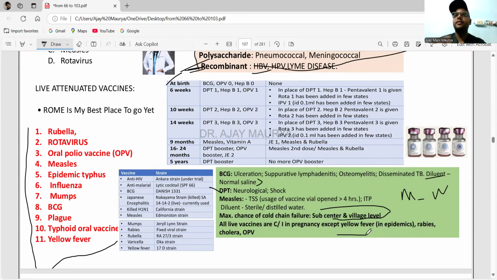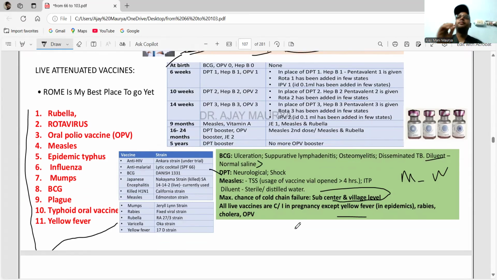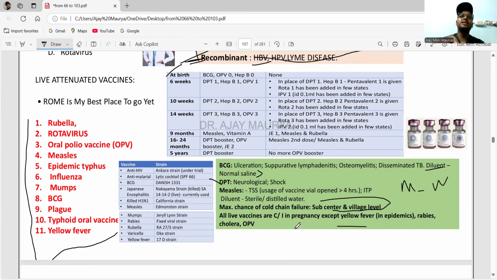Also remember some strains here, guys. For BCG, it is the Danish strain. I'll tell the important ones. Remember measles, mumps, rubella; these are important.